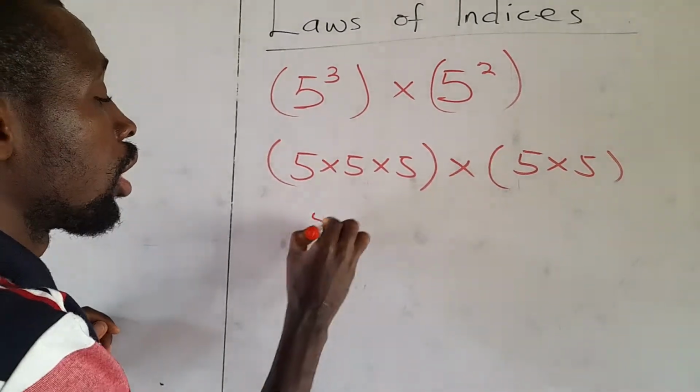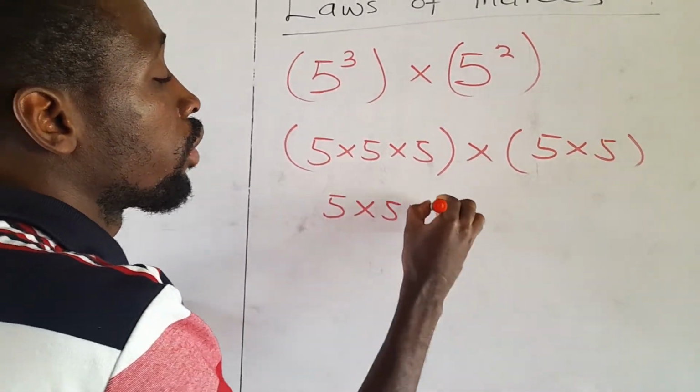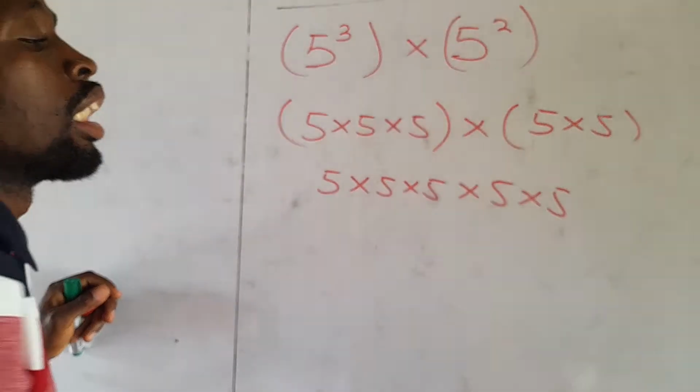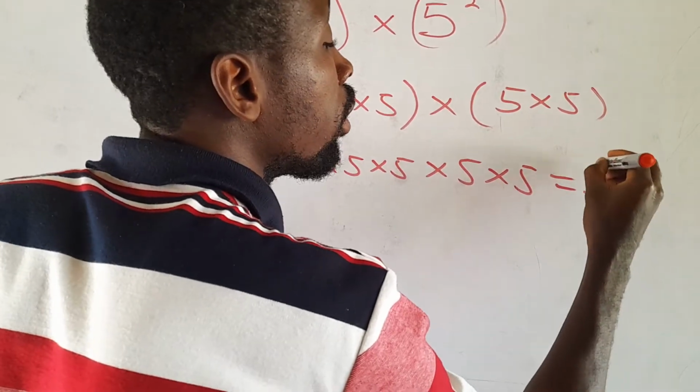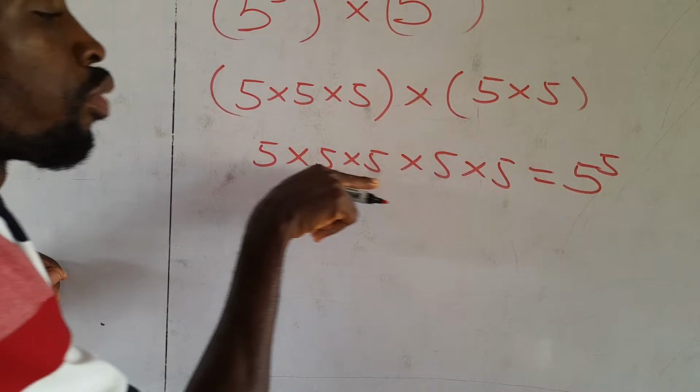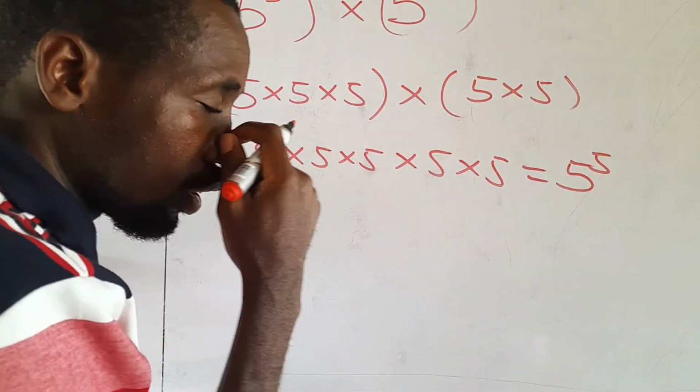This can be written as 5 times 5 times 5 times 5 times 5. Writing this in index form will be 5 exponent 5, that means 5 multiplying itself 5 times.